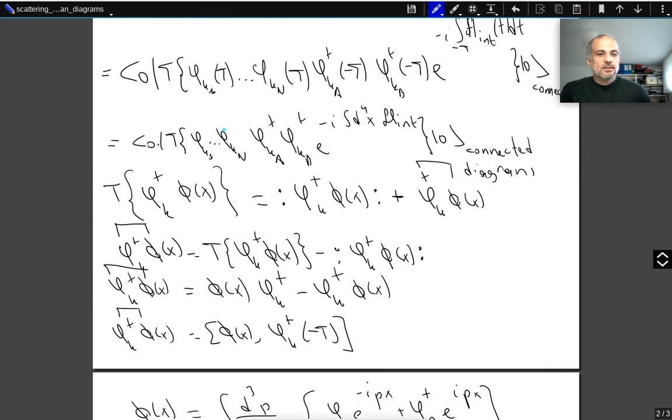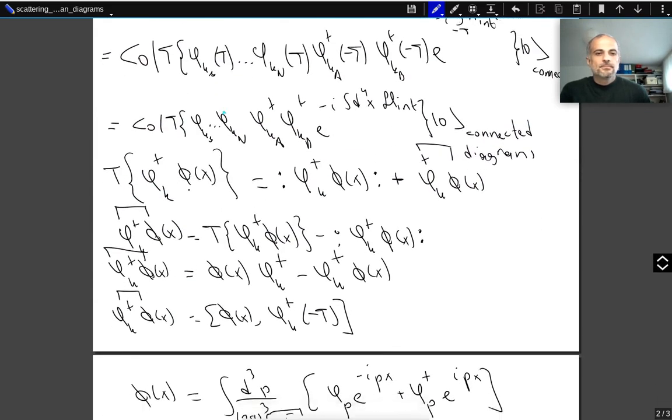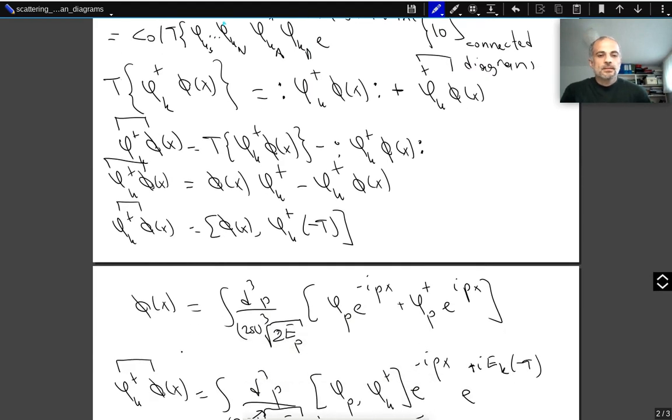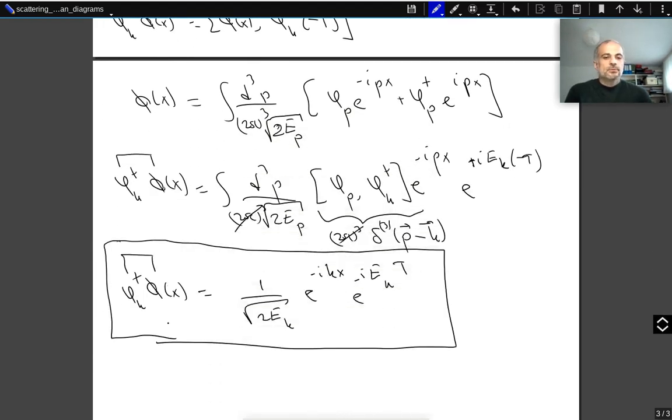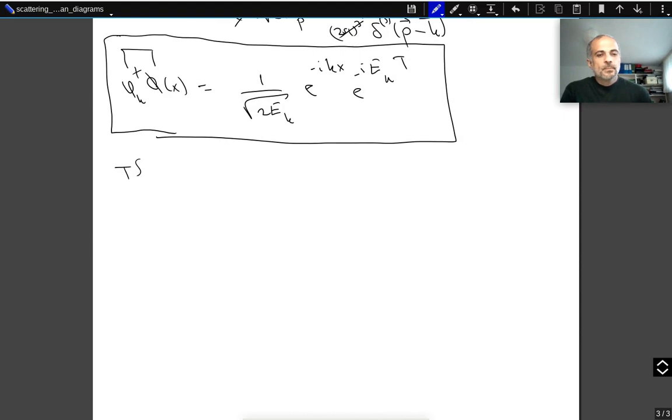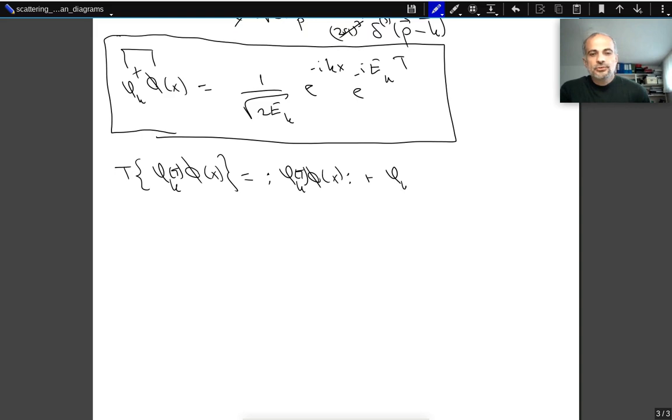So we have similarly, let's look at the time ordered product of phi k, not the dagger this time, with phi x. This will be equal to the normal ordered product of phi k and phi of x, and keep in mind that these are at the time T, plus their contraction.